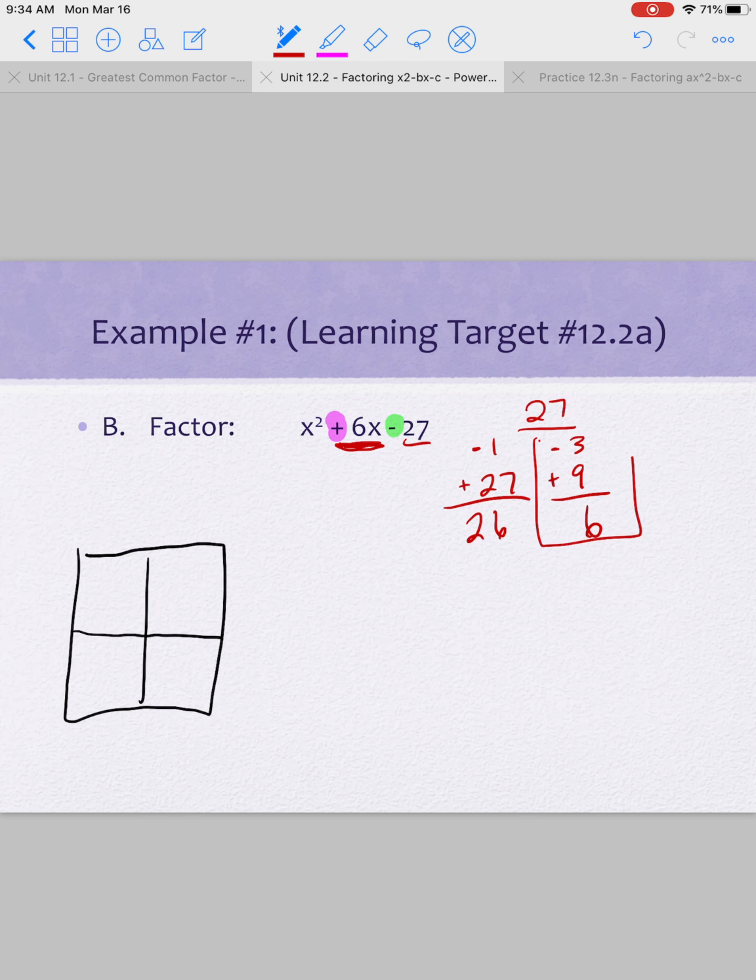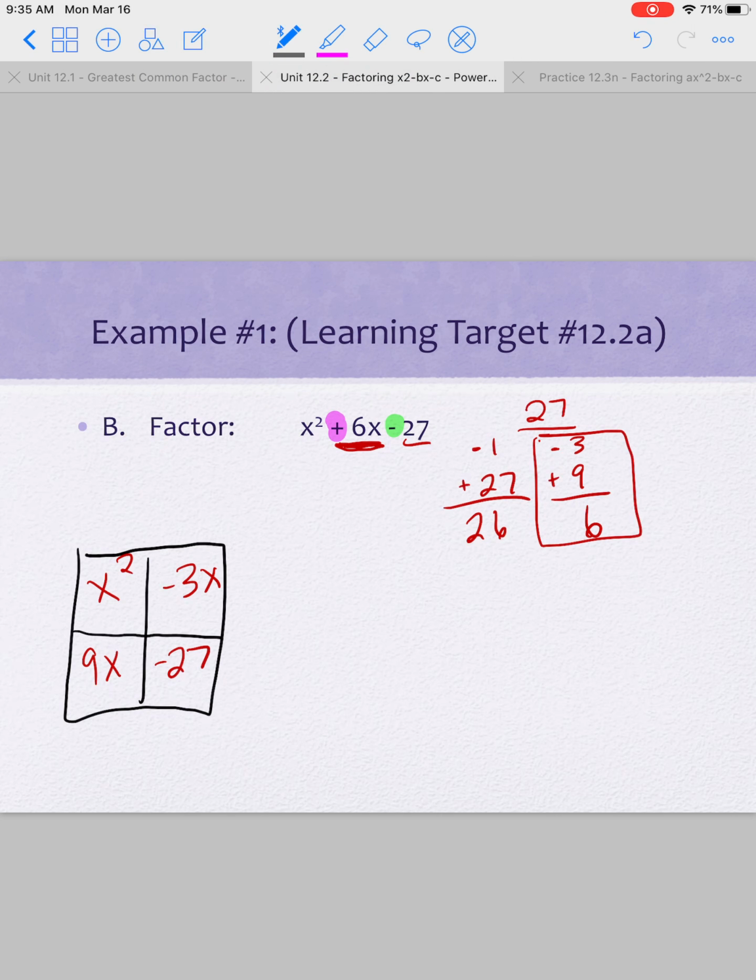So that would be -3 and 9. So I'll come to my box. I'll have x squared, -27, -3x, and 9x.